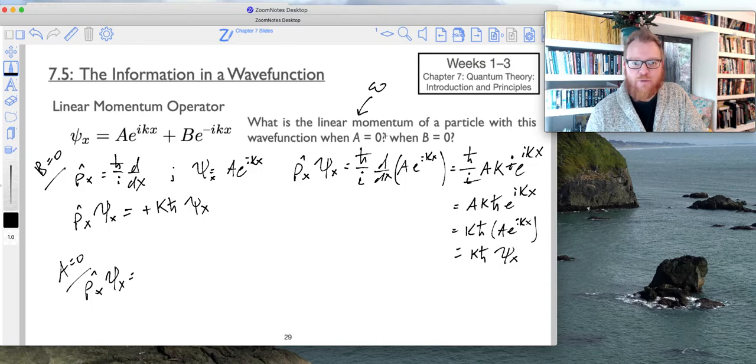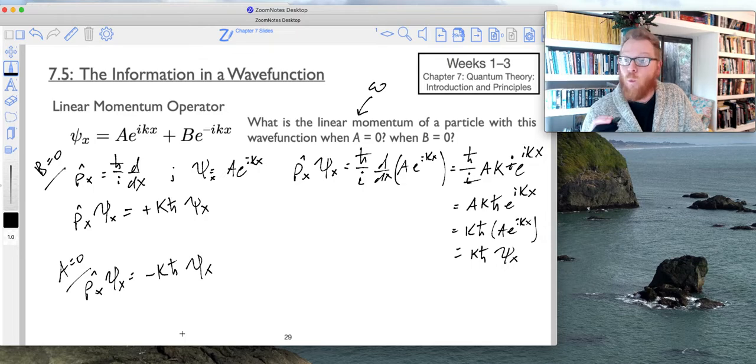The only difference will be when I take this derivative, I'm going to have that negative sign move down in front. So try it for yourself. I'll just show you the result: negative k h bar becomes the eigenvalue, multiplied by the original wave function.